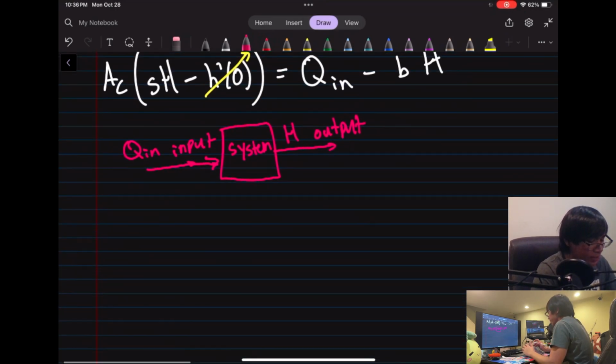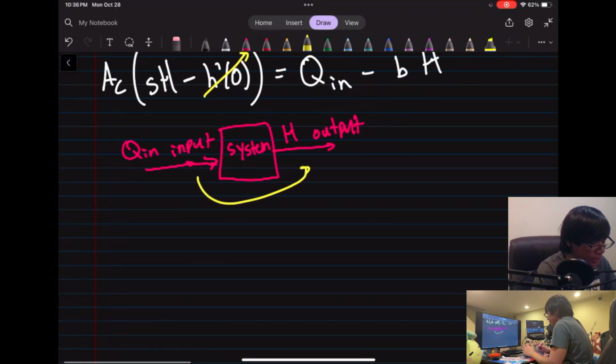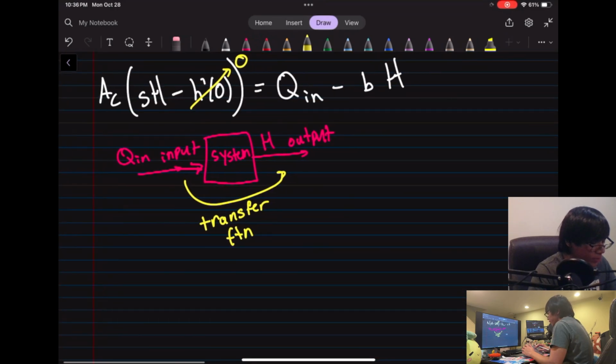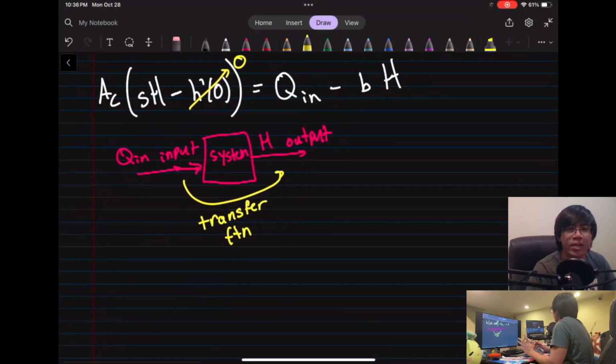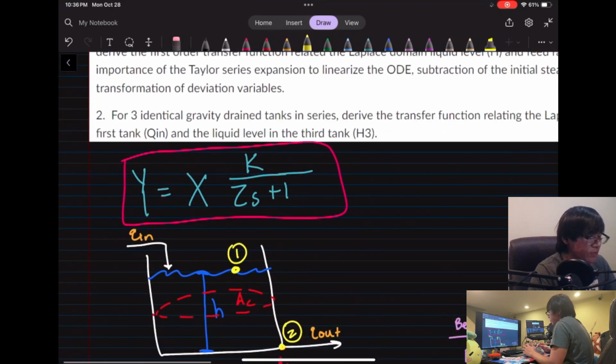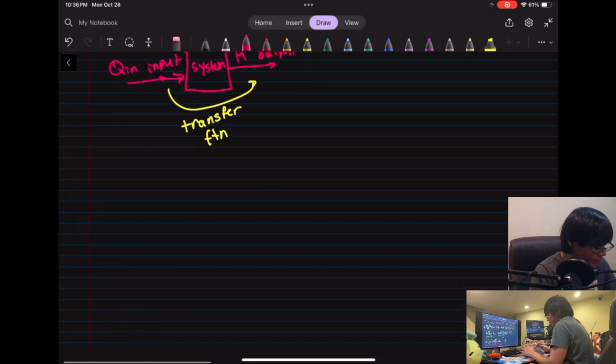And then to do that, we have to go through what is called our transfer function. So essentially, we're relating, again, the input to the output of the system. So to do so, we're going to have to isolate H on one side, the output, and the input Q in, the inlet flow, on the other side. And that's how we get our first order transfer function right here again. I think that's the third time or second time I talked about that.